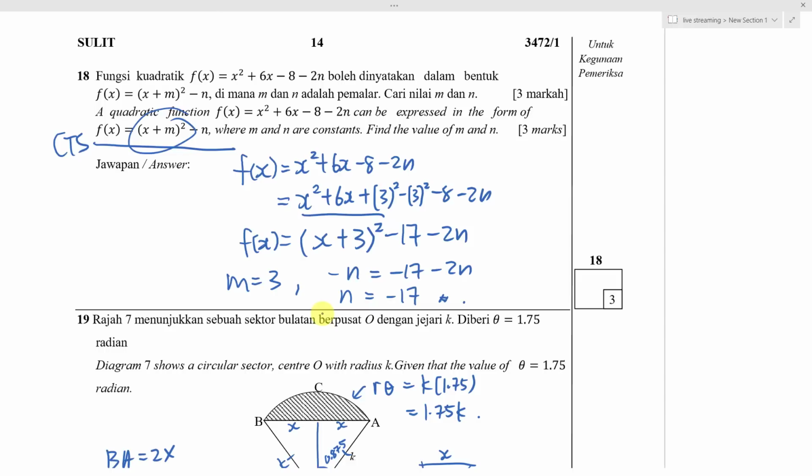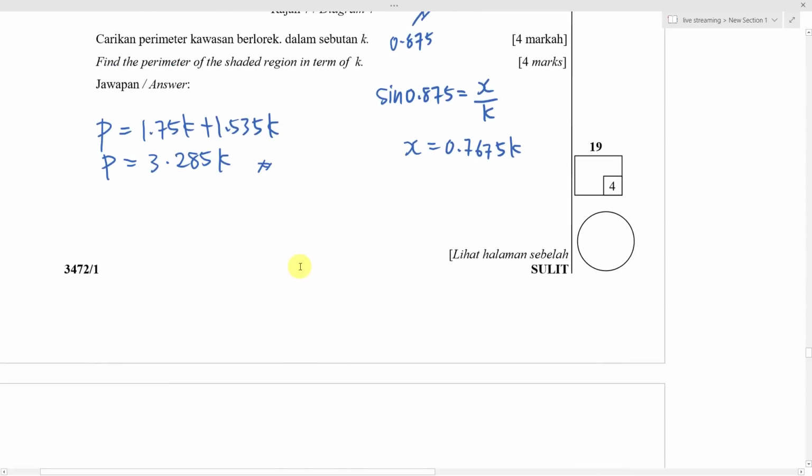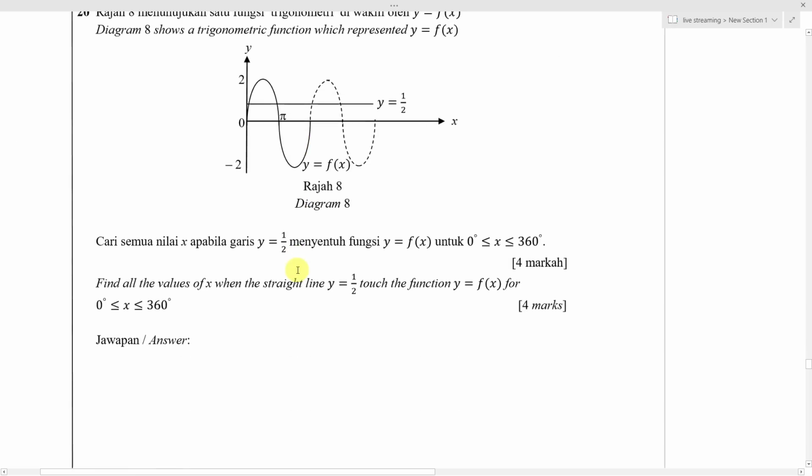No, my marking scheme n is negative 17. You guys sure you have the same marking scheme in mind? Yep. Just double check your marking scheme. Alright, let me move on. Alright, yeah, this question, I think the marking scheme is wrong.